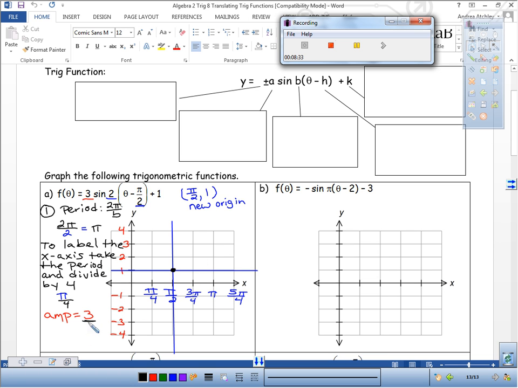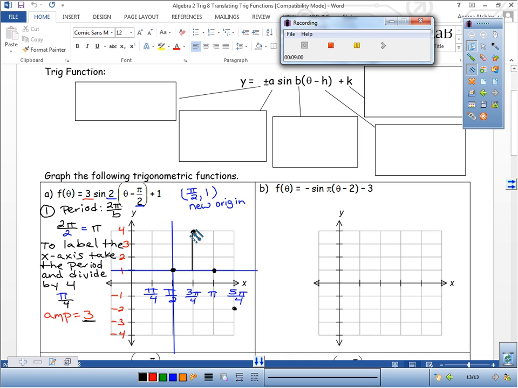So this is 3, so from this point, we're going to move up 3. 1, 2, 3 is going to be my next point. Then it goes back to 0, the pattern of sine. Then it goes to the negative amplitude, so we're going to go down 1, 2, 3. I'm going to draw that in as well.